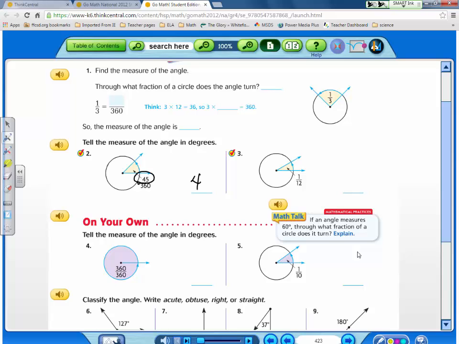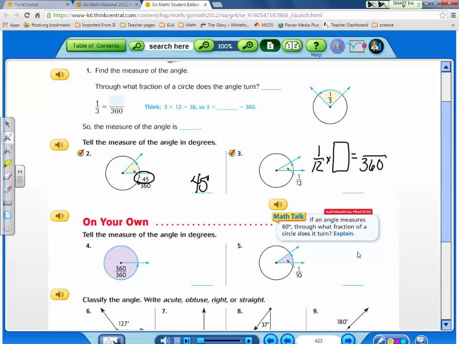That is 45 degrees out of the total 360 degrees you could have in a circle. Now this one, 1/12, is not set up yet in 360ths, so I have to change it to 360ths, and that will tell me how many degrees it is out of the circle. So I have 1/12 times something equals 360ths.